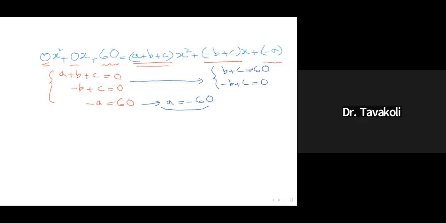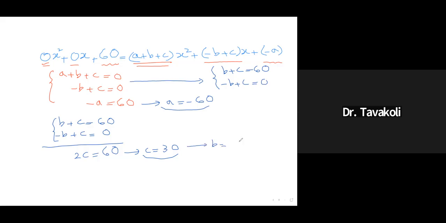So this system of equations of two unknowns: b + c is 60 and −b + c is 0. If I add up these two equations, b and −b cancel out, c + c is 2c, 60 + 0 is 60. And if you divide by 2, c is going to be 30. Since b + c is 60 and c is already 30, it gives me that b is also 30.